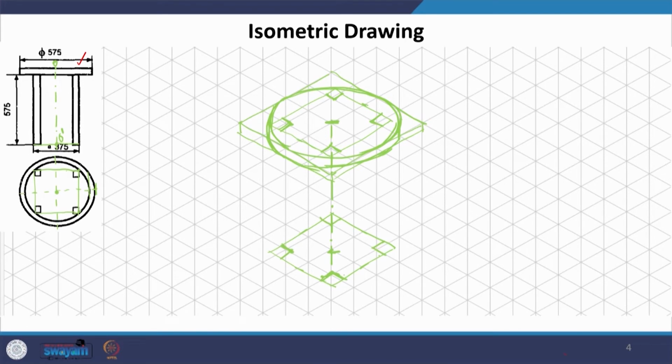Now, all we have to do is join them. So, if we join this, I am joining only the visible portion of it. Okay. You can extend it, this is the dotted portion.